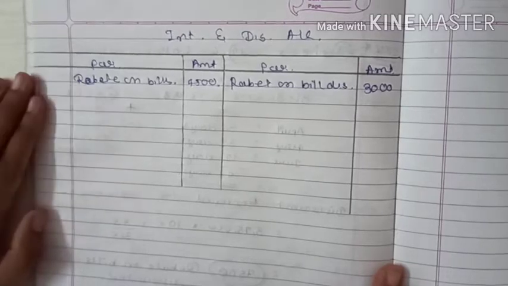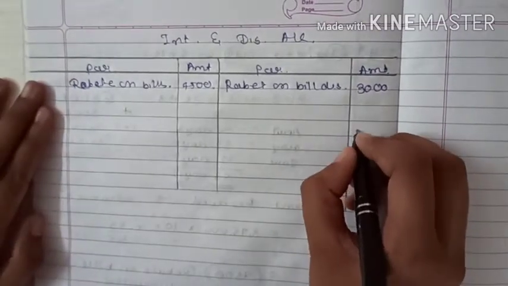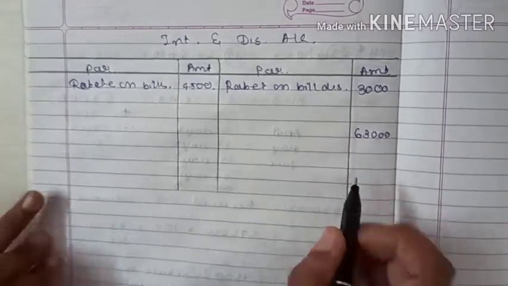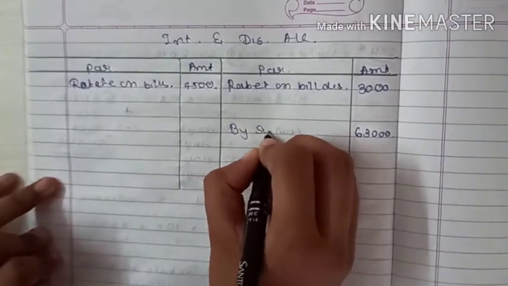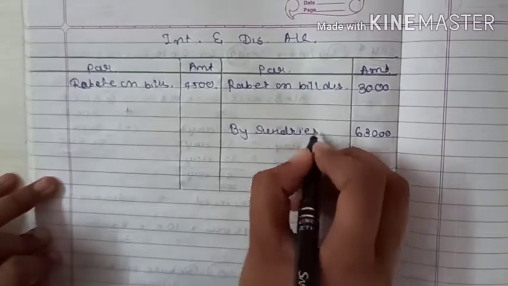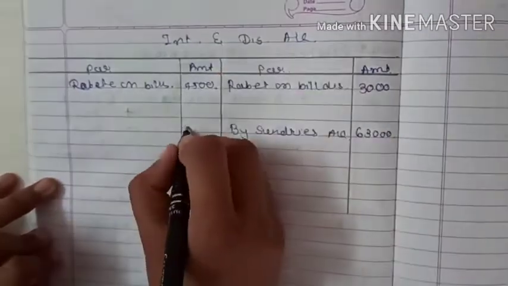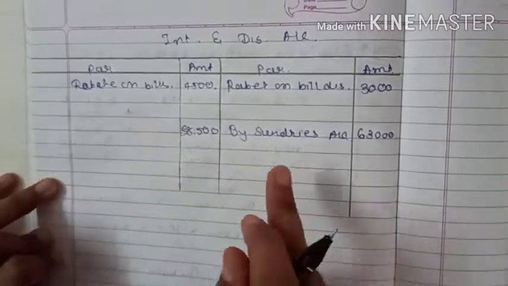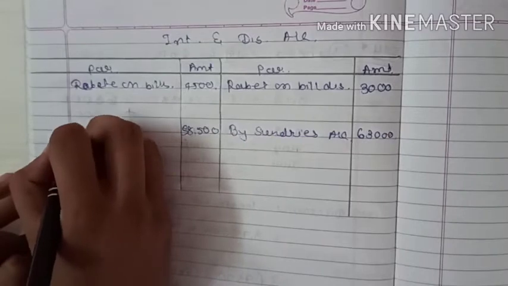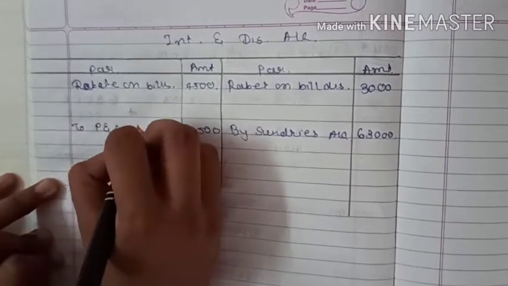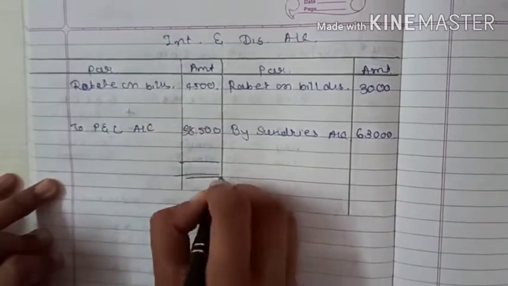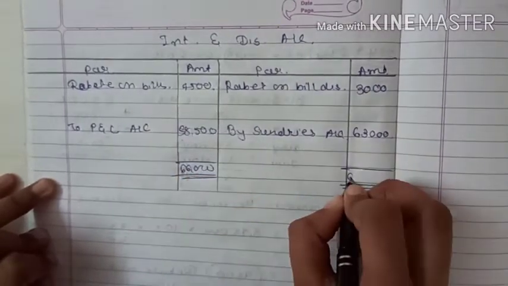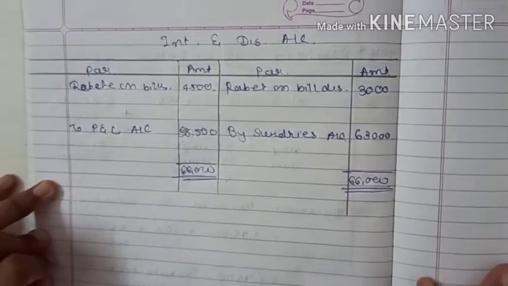Now final settlement 63,000. 63,000 will finally be received from the interest account, so it will come by sundries account, and the remaining amount which we have found, 58,500, is transferred to the P&L, so to P&L account. Understood?